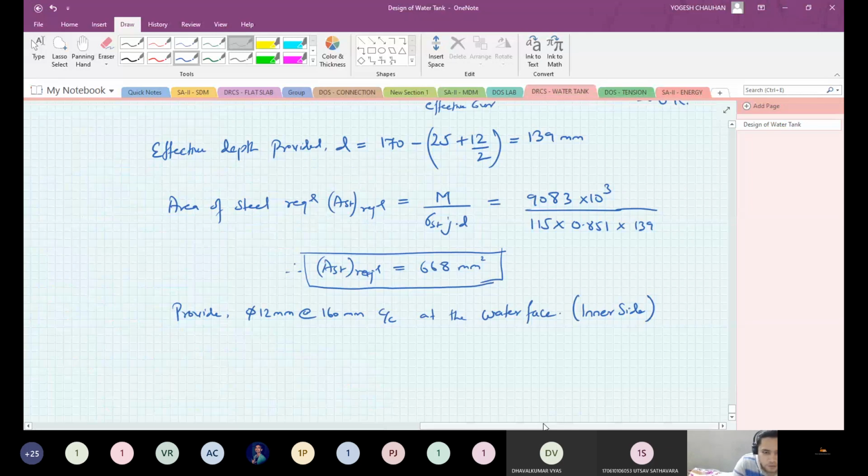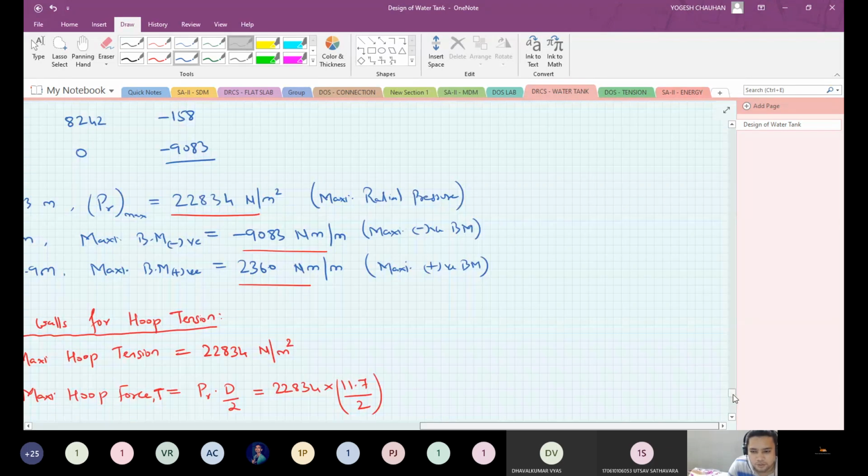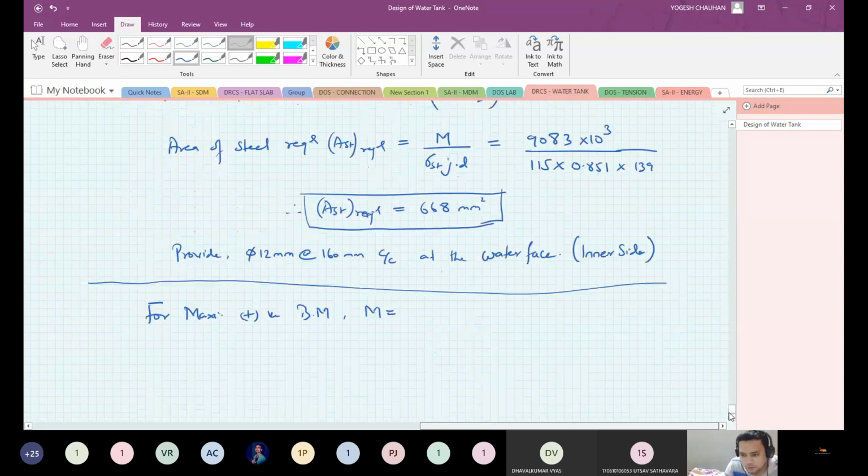So for the maximum positive bending moment, M is equal to 2360 Newton meter per meter.